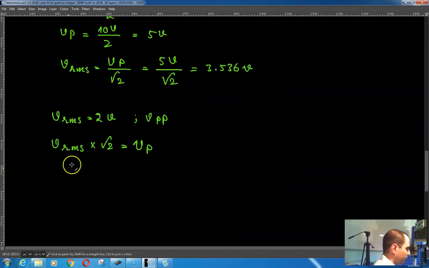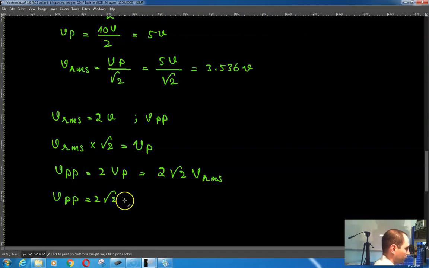So V of PP is equal to 2 times V of P, which is equal to 2 times square root of 2 times V of RMS, right? So V of PP is equal to 2 square root of 2 V of RMS.